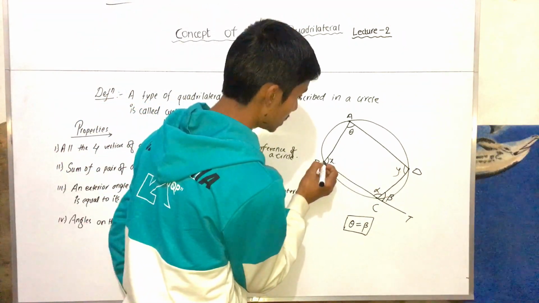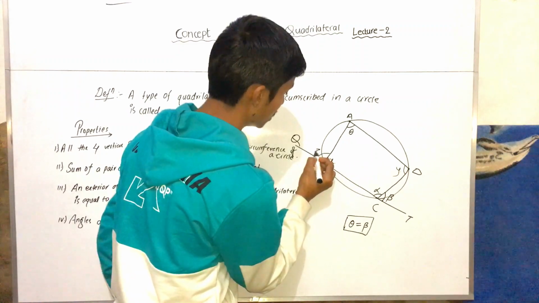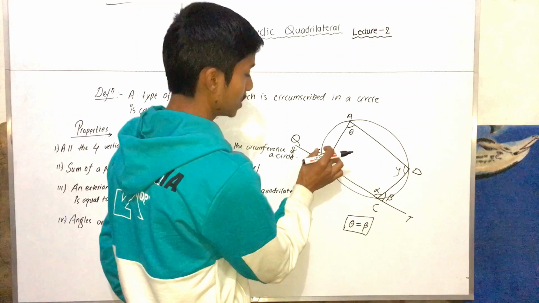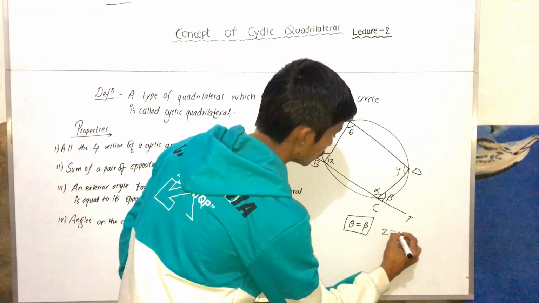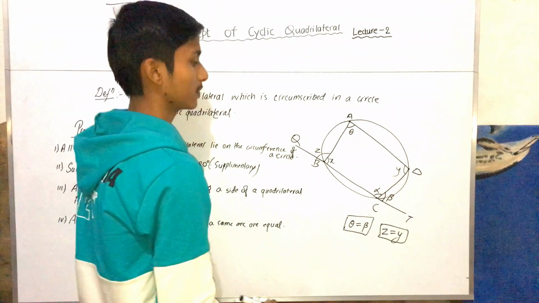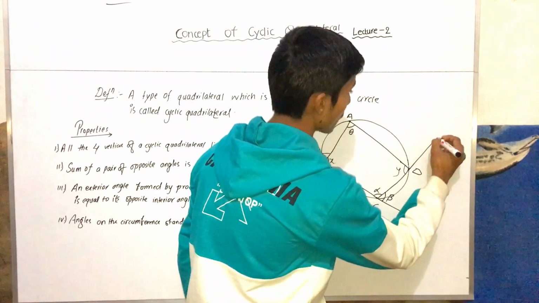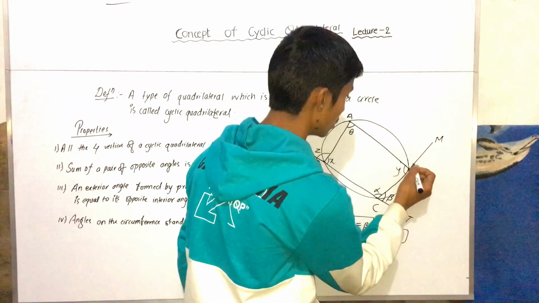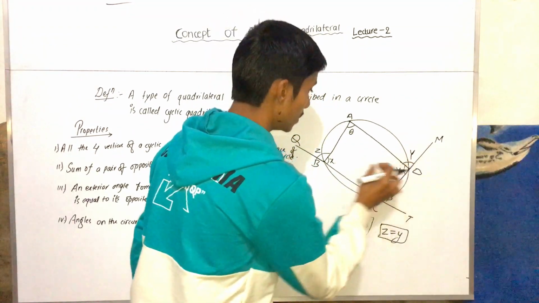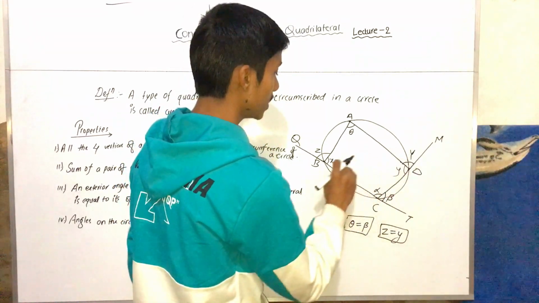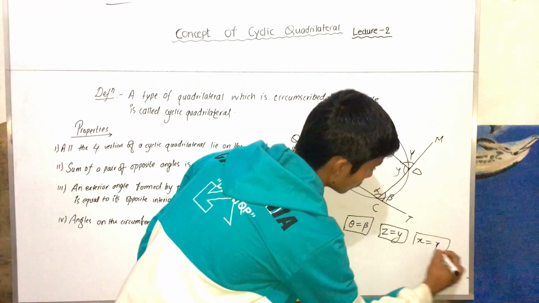Similarly, if we produce this line BC to Q, then the angle formed, suppose Z, is the exterior angle and its opposite interior angle is angle Y. So here Z is equal to Y. Similarly, if you produce the side CD to M, then the exterior angle formed, let this angle be gamma, will be equal to X because its opposite interior angle is X. So X is equal to gamma.